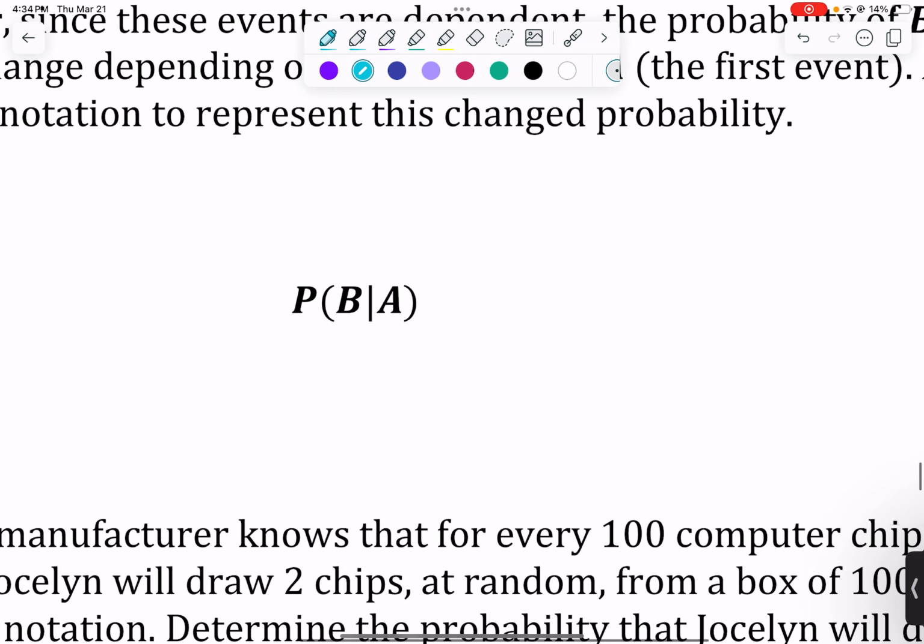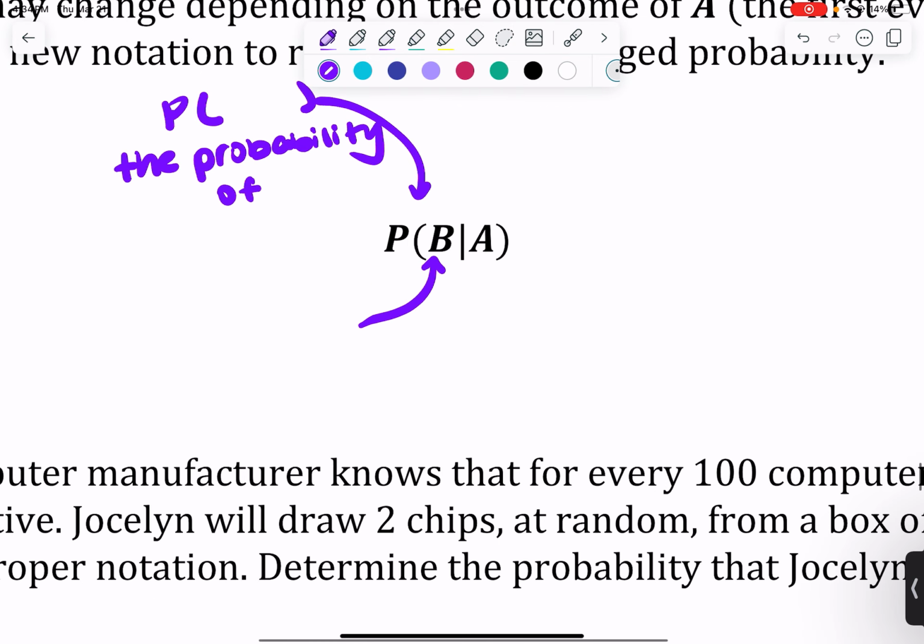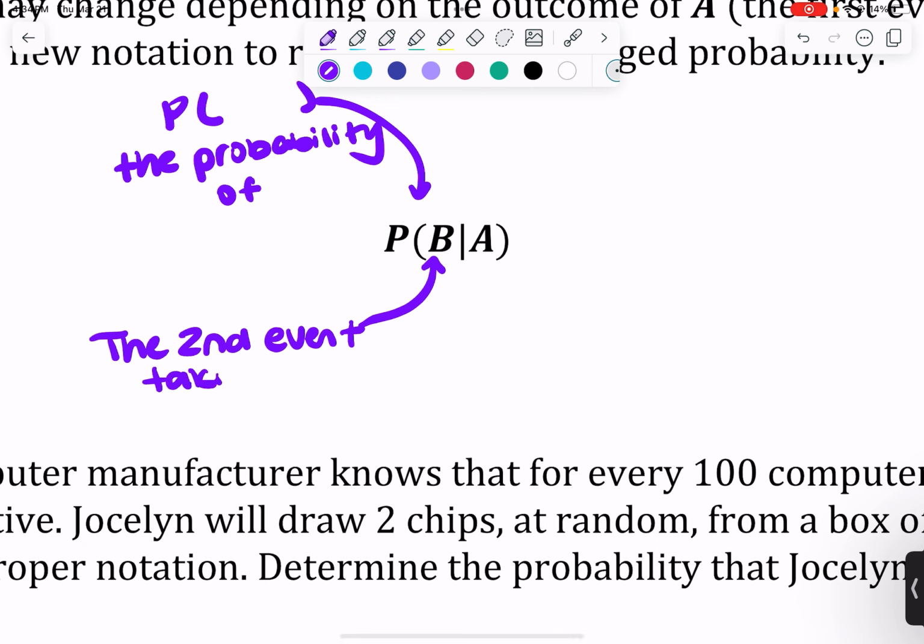Just to point out what the notation pieces mean. This P and then the brackets still implies the probability of. This B coming first is talking about that second event, the second event taking place.